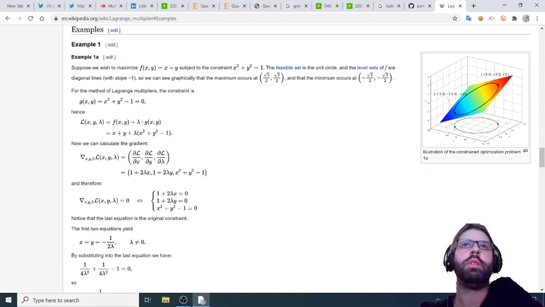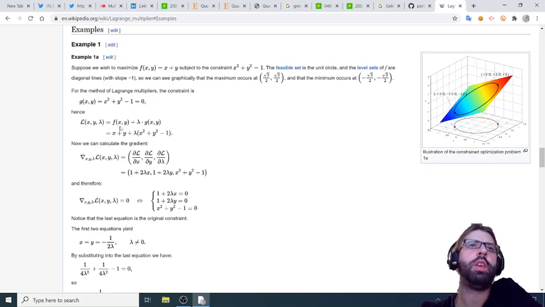Okay, so the minimum occurs in this point. For the method of Lagrange multipliers, the constraint is g(x,y) equals 0. So you have to come up with the g function that equals 0, so you move the 1 over there.